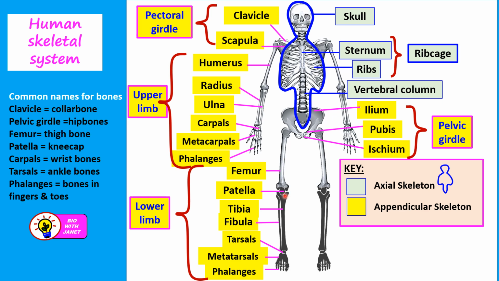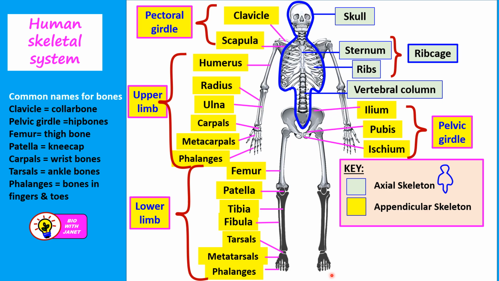We then have the kneecap, called the patella, and the bone in front here is called the tibia. The bone at the side is called the fibula. It's the thinner bone; the tibia is the thicker bone. And here we have the tarsals, the bones of the ankles, the metatarsals in the soles of the foot, and then the phalanges.